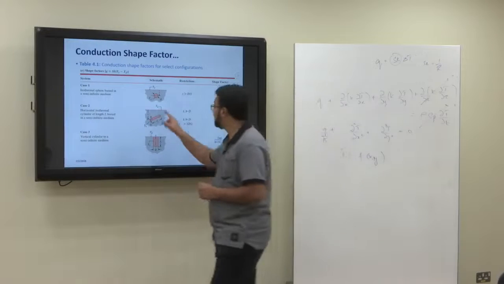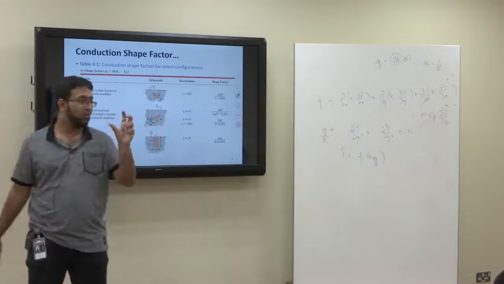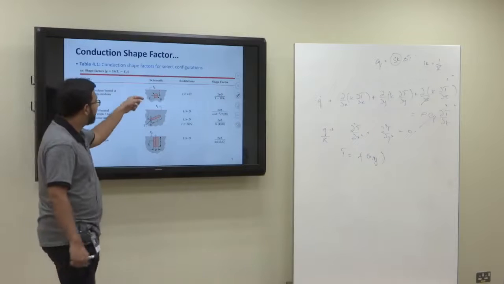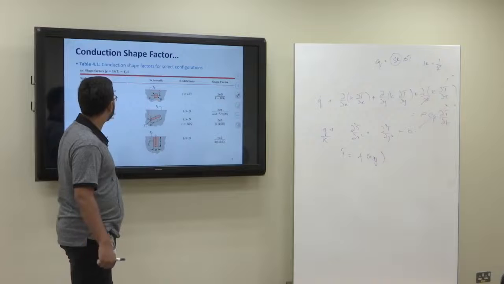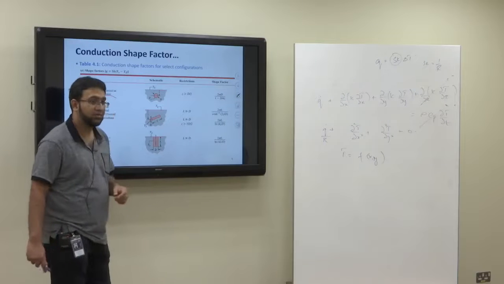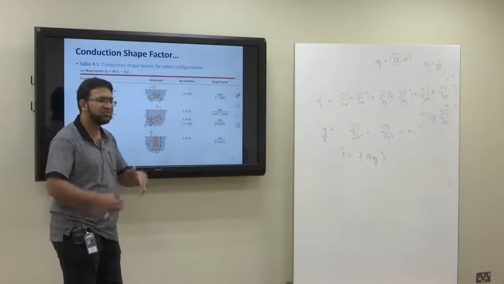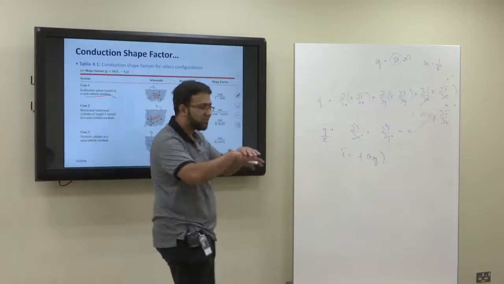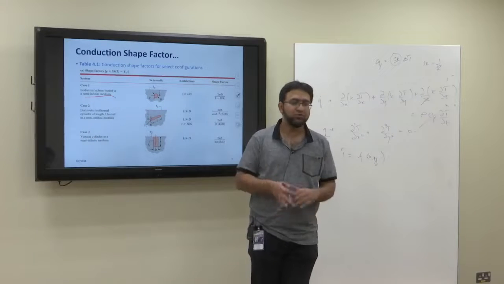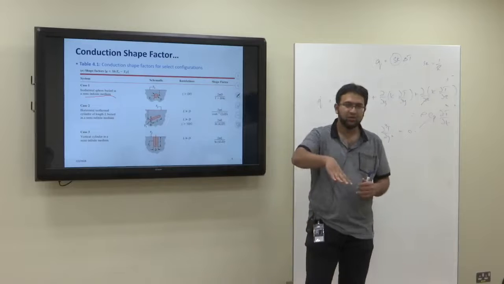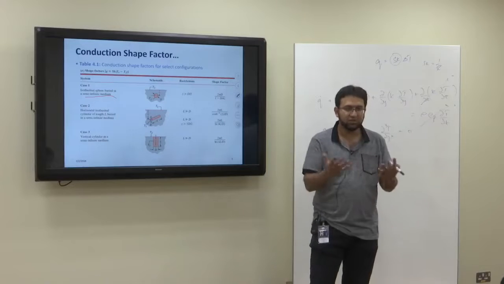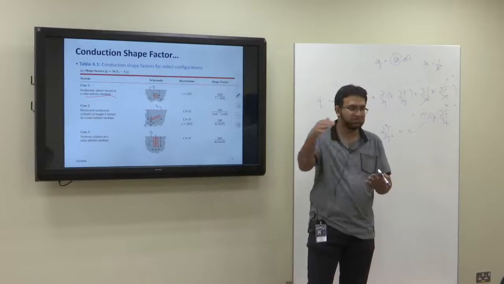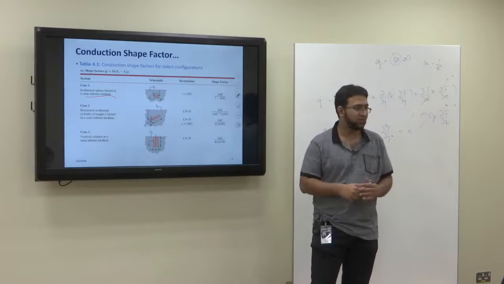So suppose you have a ball which is dipped in a semi-infinite medium. Semi-infinite medium means it is an infinite medium, but the medium itself has a boundary. So for example, it is dipped in water. Water is considered as an infinite medium for the ball, but water itself has a boundary defining it.